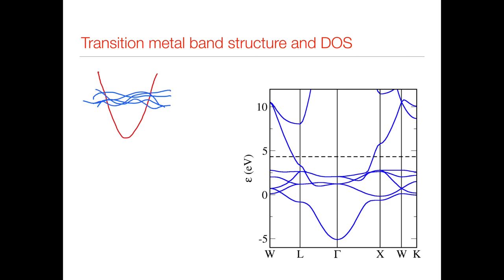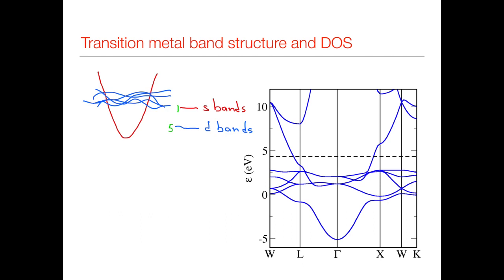These are the D bands, and the red is the S bands. There were 5 of those and 1 of those, to fit in with the number of S states and the number of D states.